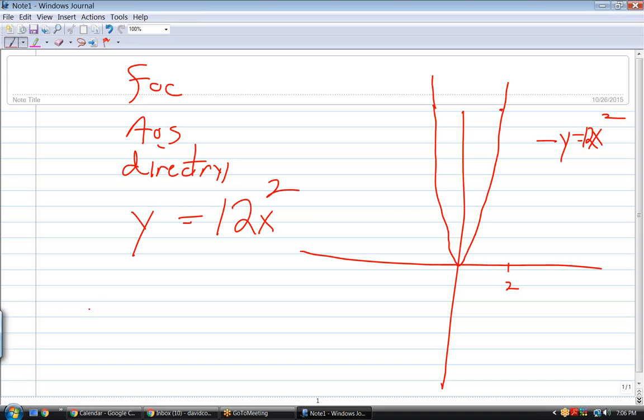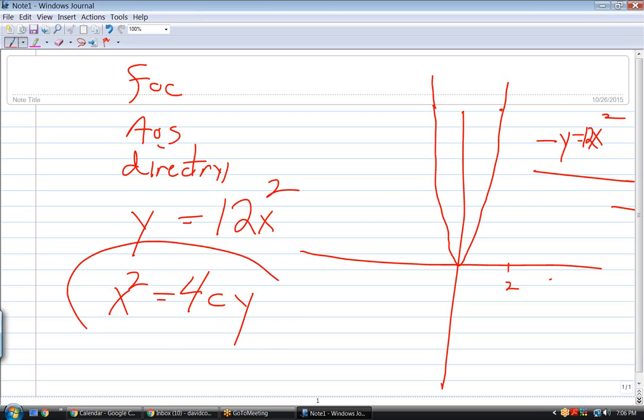X squared equals 4cy. Notice that this has an x squared in it. It also has a y to the 1 power, which is the same as what we're used to. In other words, y equals x squared is a similar format as that.